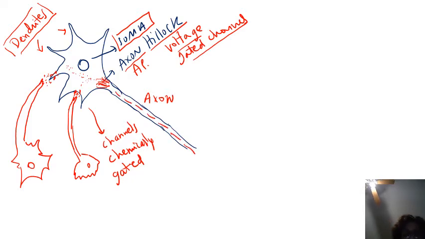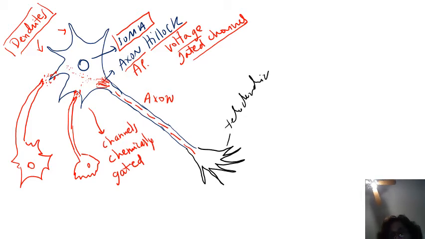The action potential travels down the axon to the branches, terminal branches or telodendria, that end at axon terminals.